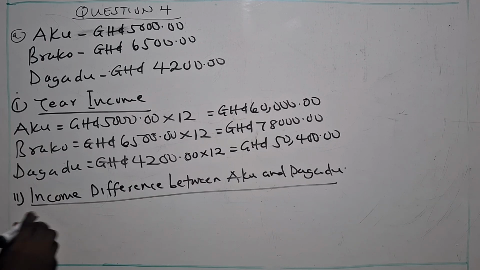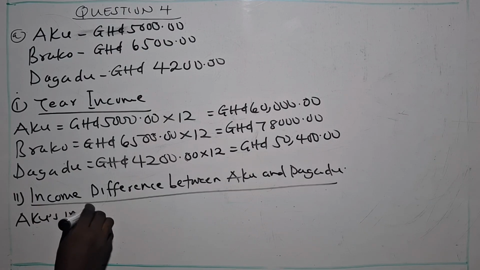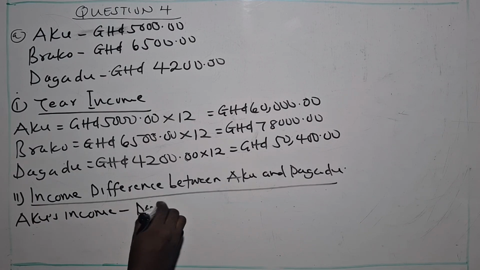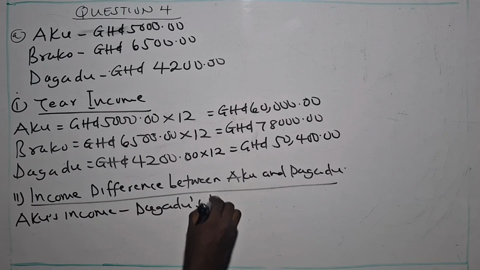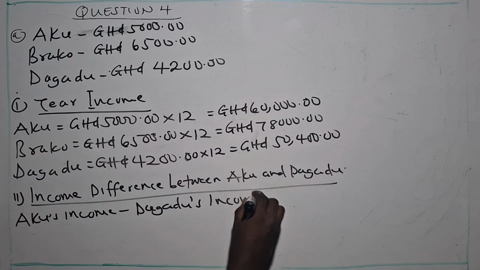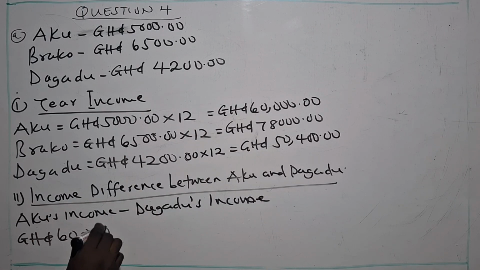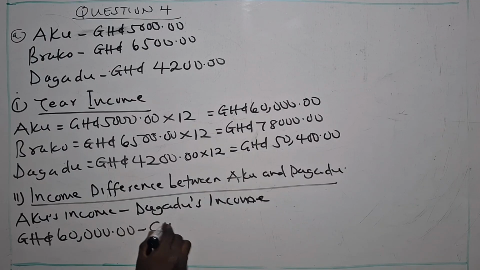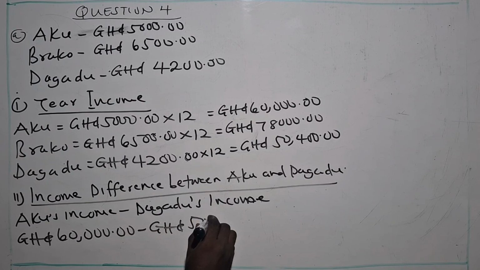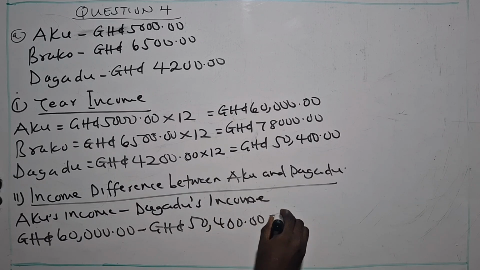So we have Aku's income minus Dagadu's income. Aku's income is going to give us 60,000 minus Dagadu's income, which is going to give us 50,400.